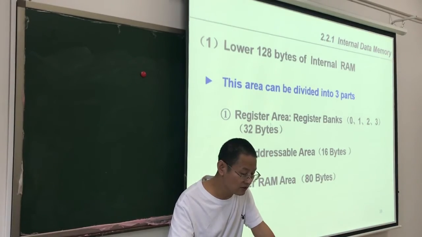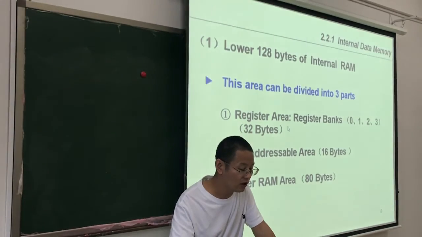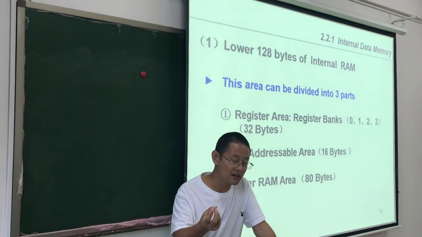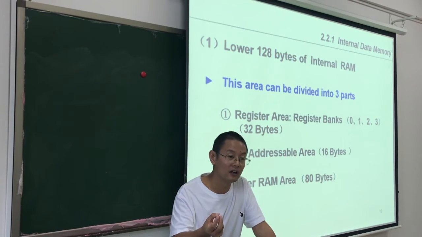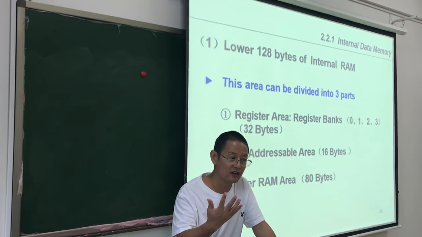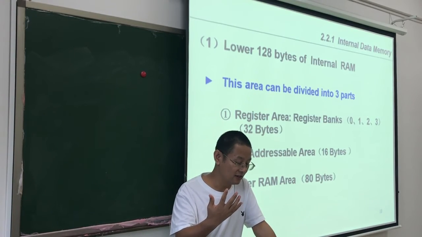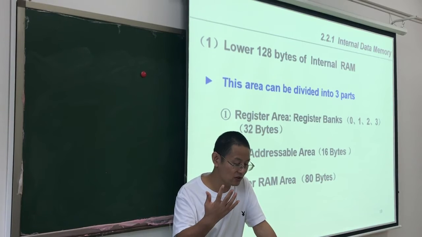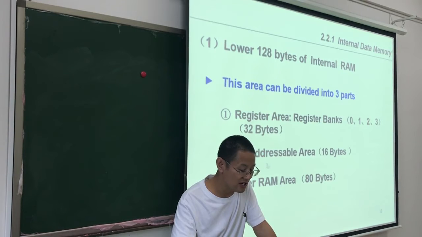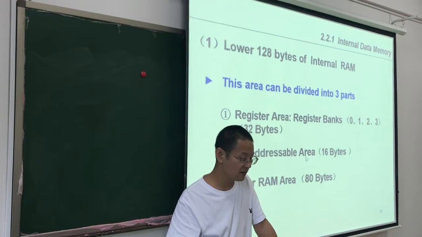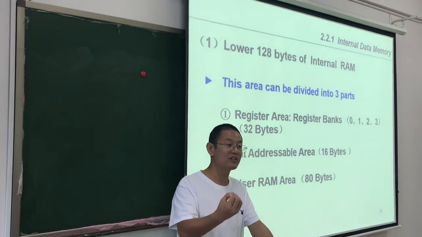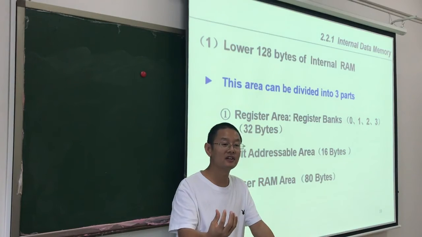The register area is used for the R0 to R7 registers. There are four register banks, and you can use any of them. Bit addressable area means we can access individual bits.